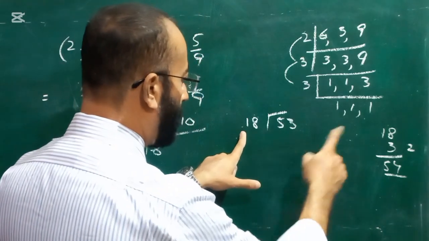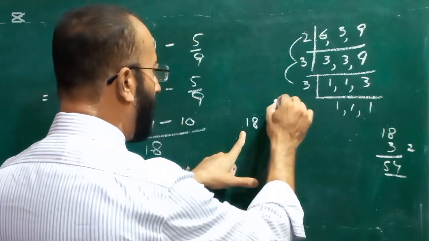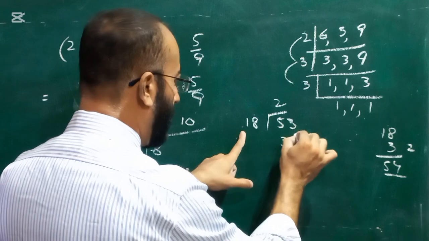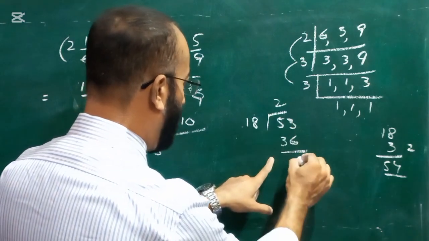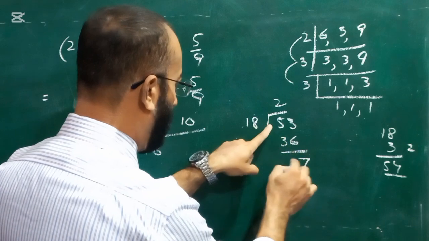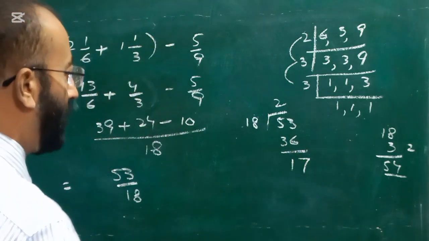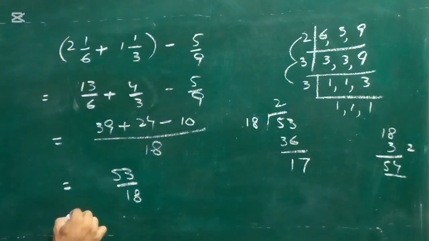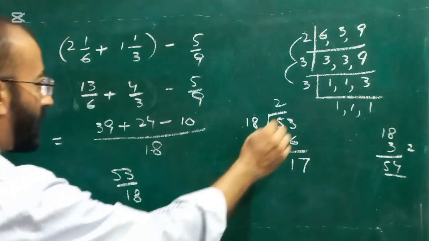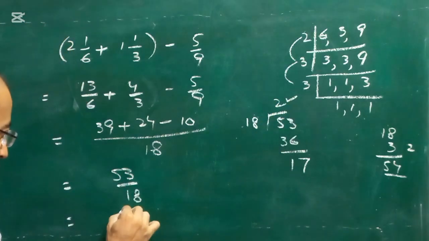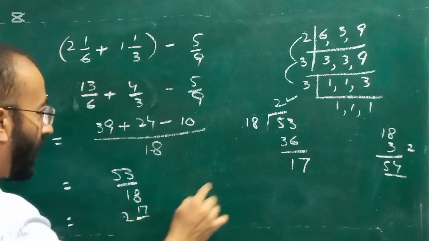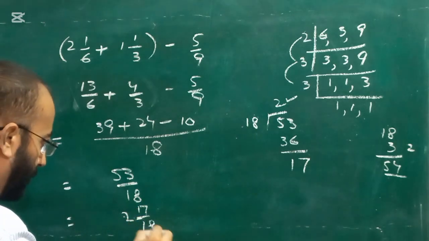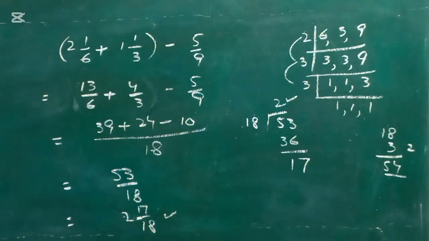Okay, that has crossed the 53. So 18 2's are 36. Okay, remainder will be 17. So this is the remainder. Okay, so the method to write this number is, this will become the whole number part, this the numerator and this the denominator. So this is the answer.